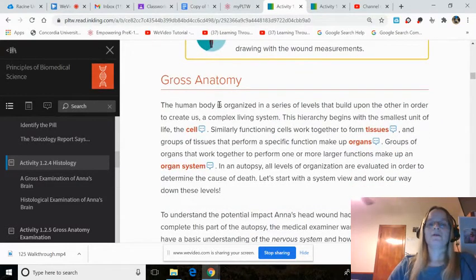So here we go. We go from the very basic building blocks of cells. Cells working together form a tissue. A bunch of tissues working together form organs. Groups of organs working together make an organ system, like the digestive system, or in this case, the nervous system.